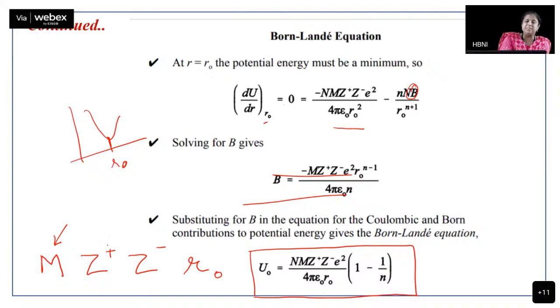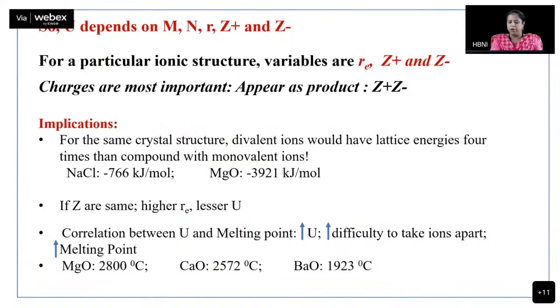Z plus and Z minus are the charge on cation and anion, and R naught is the internuclear distance, which will depend upon lattice parameter. Lattice parameter will depend upon ionic radii of your ions forming the compound. So ultimately, your lattice energy will depend upon M, N we can forget, it is Avogadro's number or number of moles, R, Z plus and Z minus.